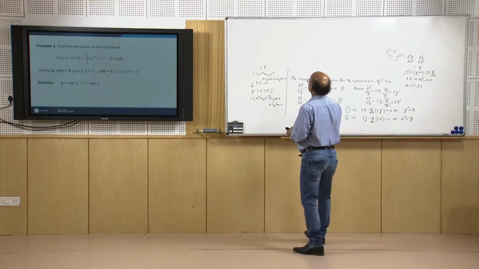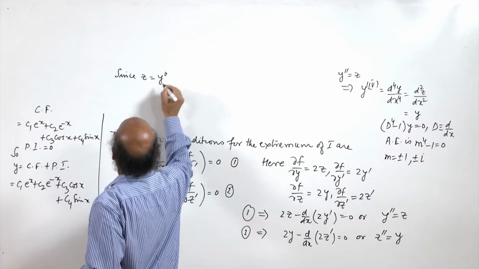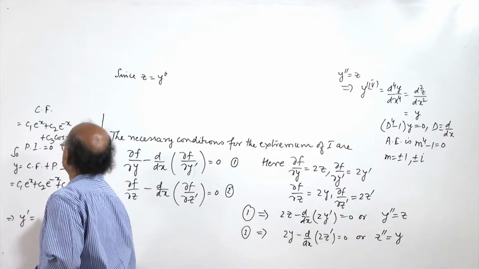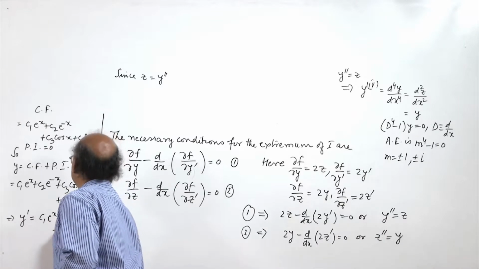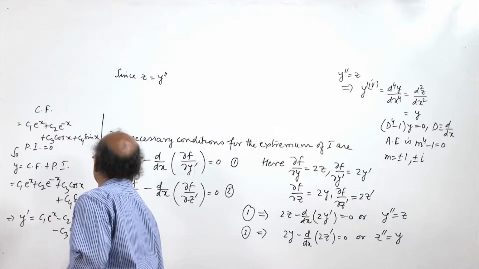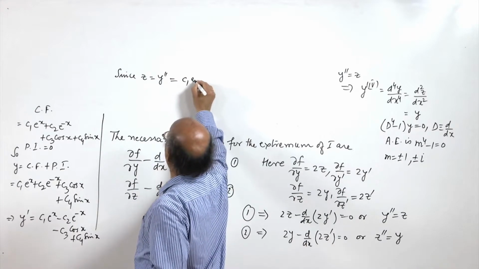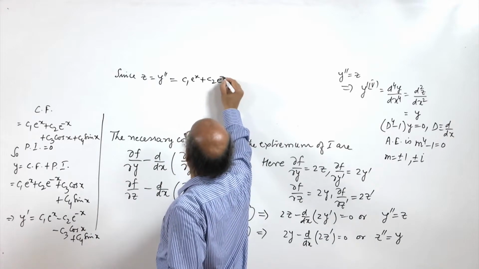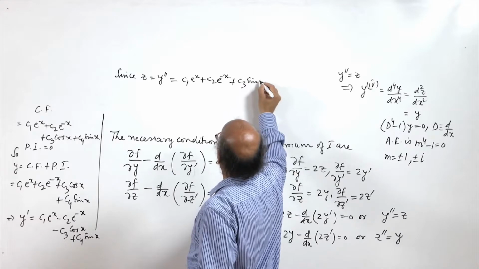So z is equal to y double dash, so first we find y dash. y dash will be equal to c1 e to the power x minus c2 e to the power minus x minus c3 cos x, and then we have c4 sin x, and y double dash will be equal to c1 e to the power x, c2 e to the power minus x into minus 1, so plus c2 e to the power minus x we have, and then we have plus c3 sin x.